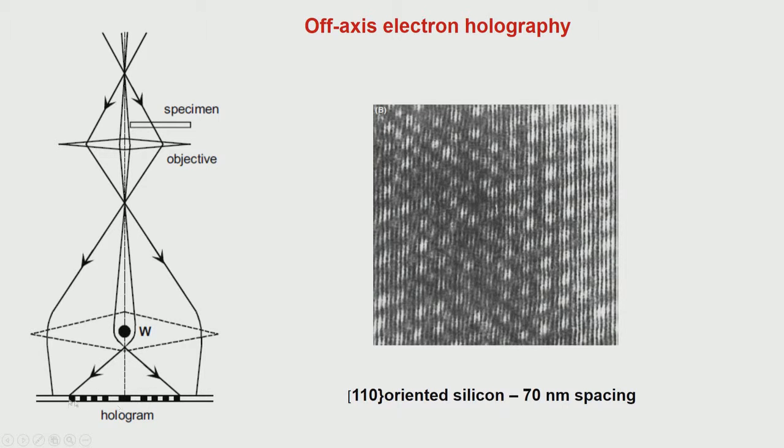The type of interference pattern which we get is called the hologram. This pattern, as the contrast varies from region to region, can be related to the type of phase which has been introduced to the incident beam at different regions of that sample.